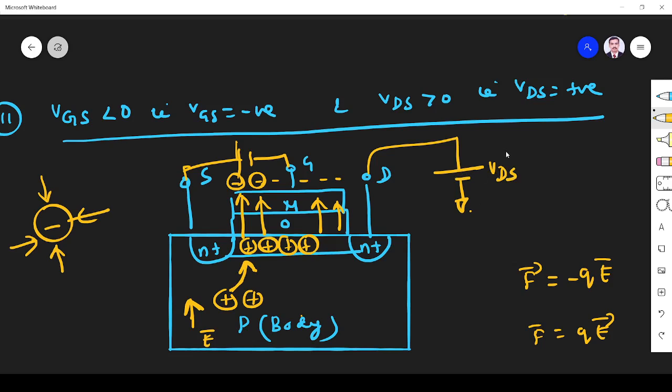If VDS is positive, you see reverse bias is here, between the P and the N plus region. When you increase VDS, the reverse bias will increase, a depletion region will form, and the depletion region will increase. So what will happen? The channel starts decreasing on the N side.